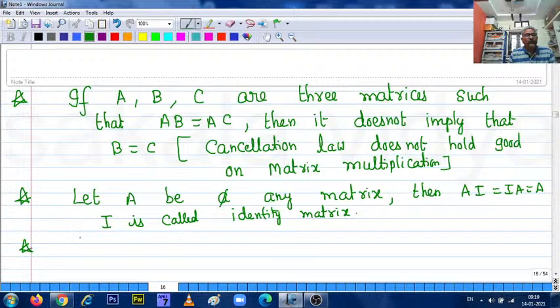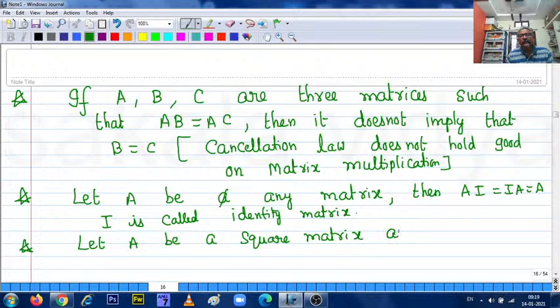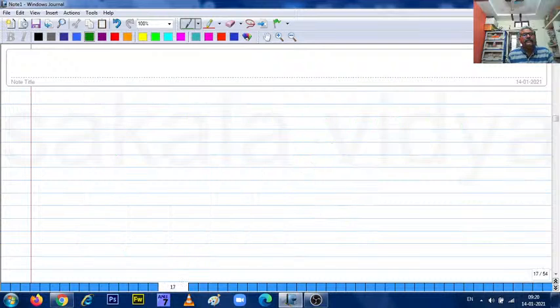One more. Let A be a square matrix and n be a positive integer. See the first point. That means powers of A we are going to discuss.